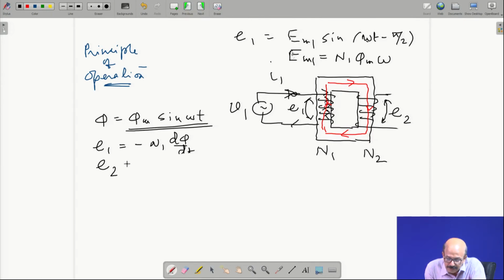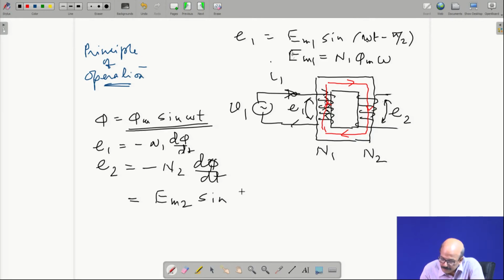So E2 will be minus N2 d phi by dt, and you can see the final expression is EM2 sine of omega t minus pi by 2.